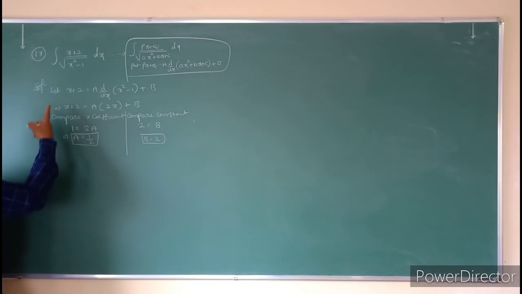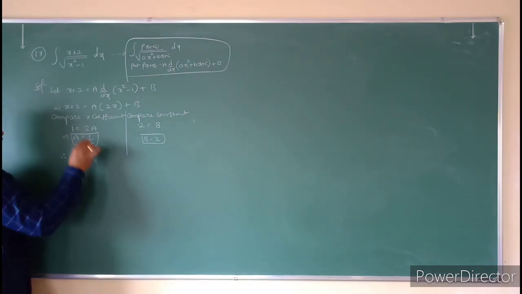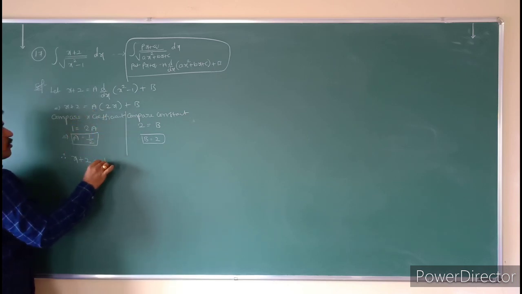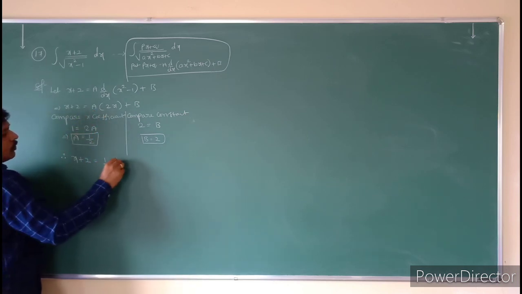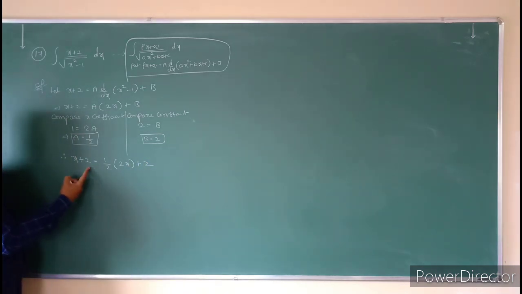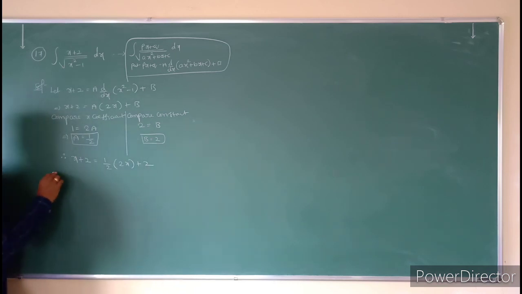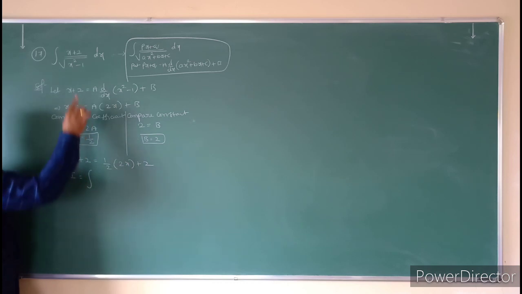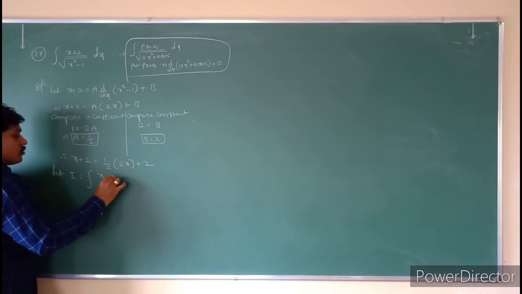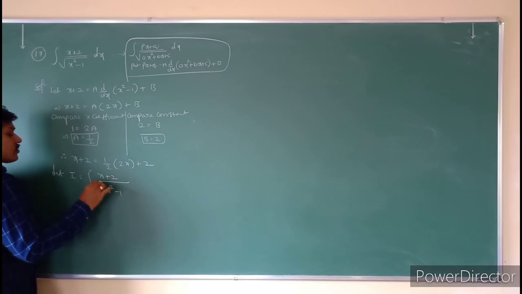So then x plus 2 can be written as a, which is 1 by 2, into 2x plus 2. What they are saying is that you have to write x plus 2 in this form. Then let I be equal to the integral of x plus 2 by root of x square minus 1 into dx.